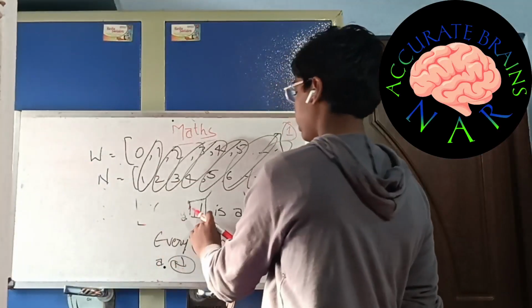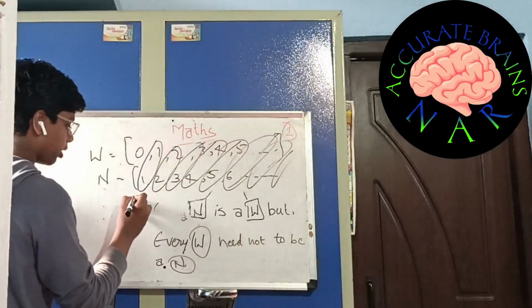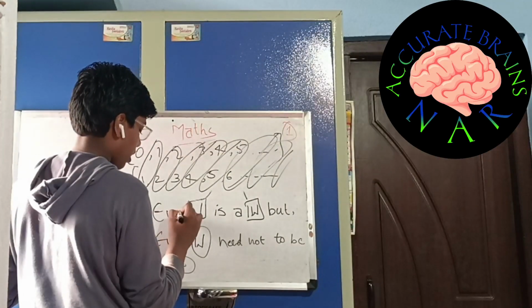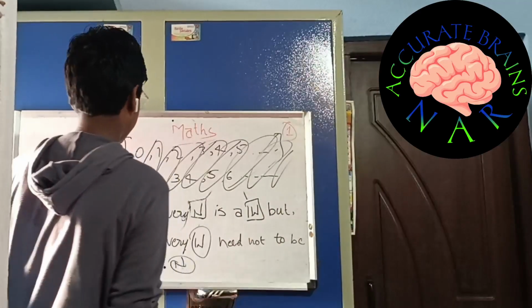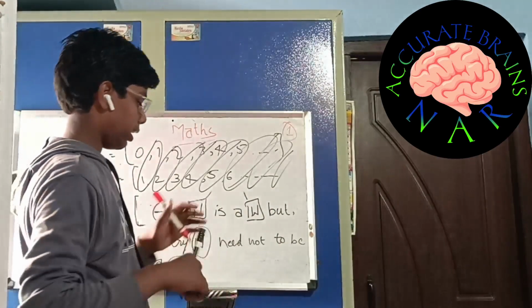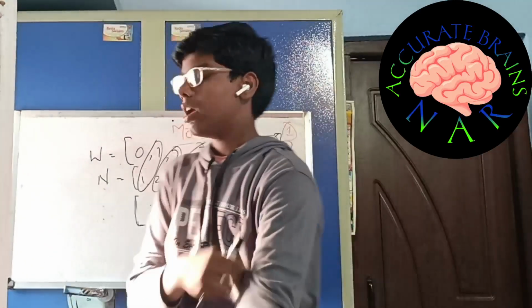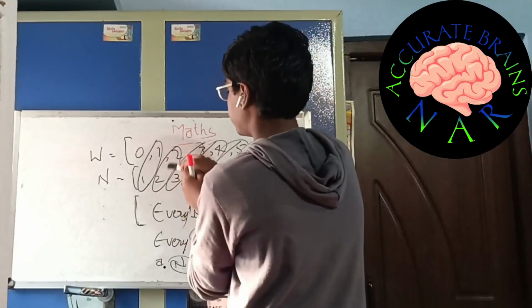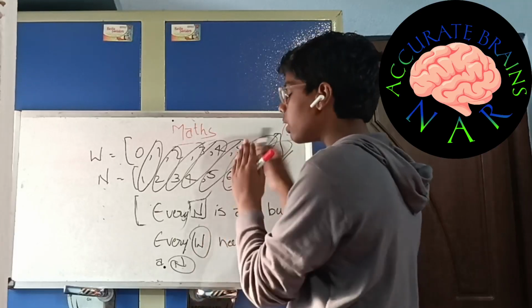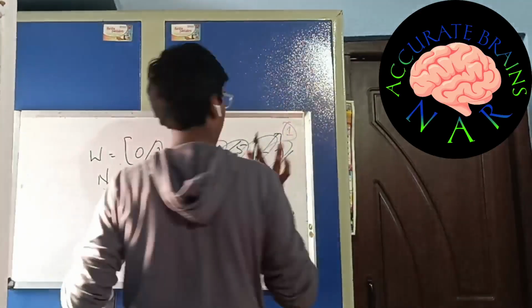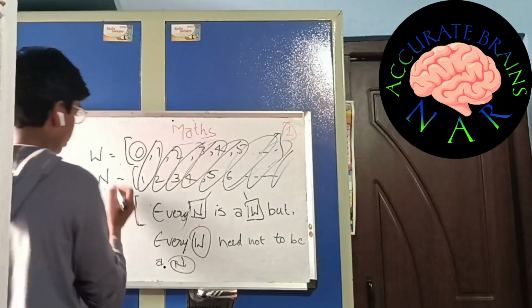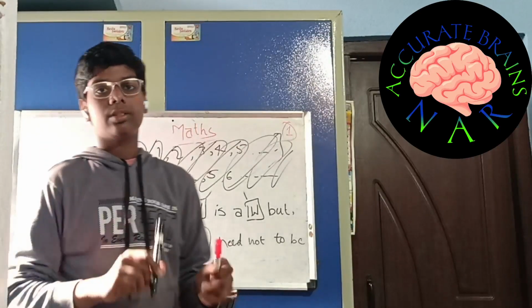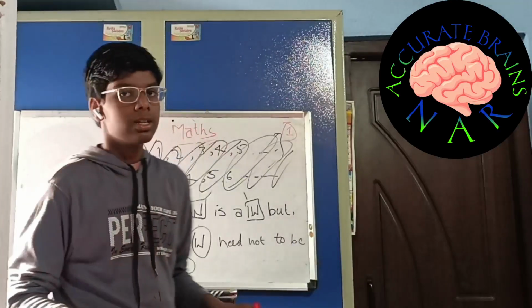Here every natural, okay, it rubbed out, sorry for that. So every natural number is a whole number, but every whole number need not be a natural number. Here 1, 2, 3, 4, 5, all are the same, except 0. So 0 is not included in natural numbers, so both are not the same.